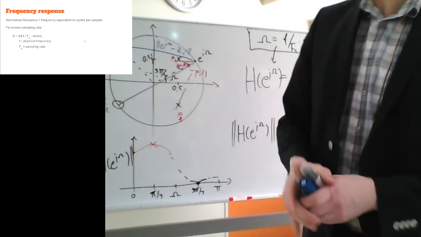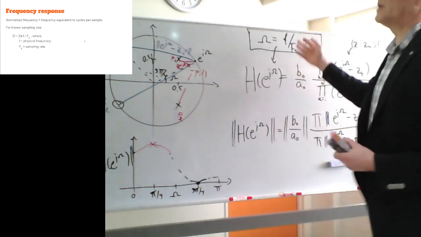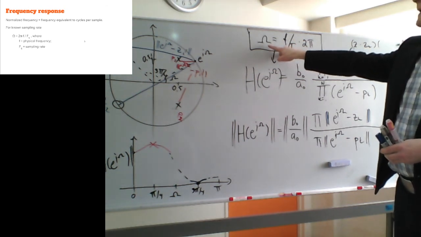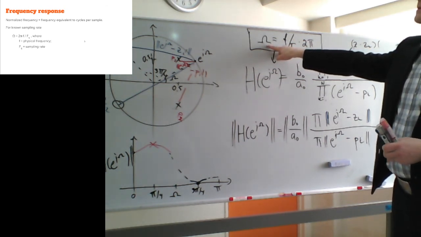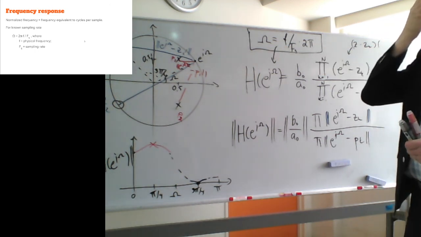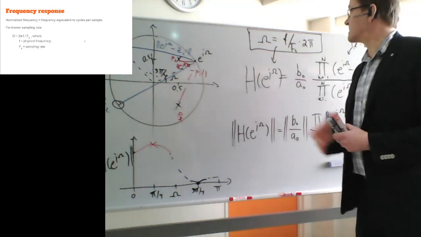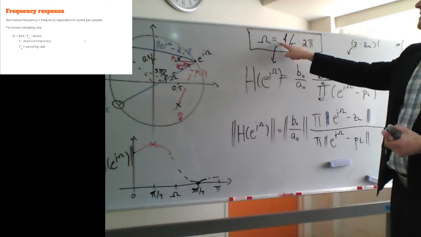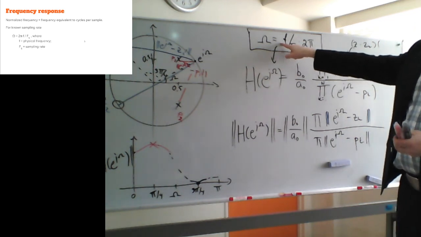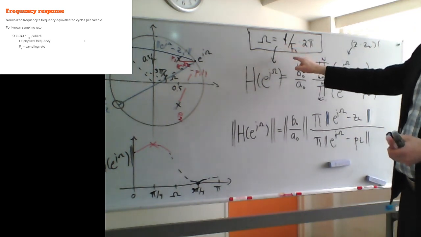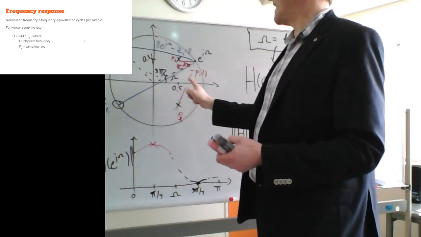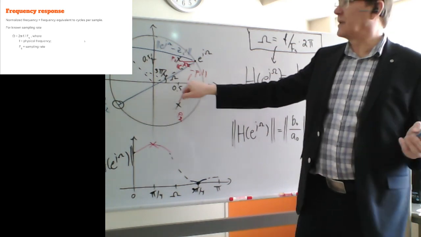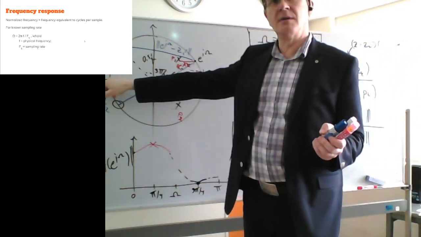Okay, let's see what else I have. So yes, we have this frequency scaling. We have this angular frequency, or basically the normalized angular frequency, what we are calling it, which is simply directly proportional to physical frequency. The highest frequency on this unit circle is the sampling rate, which is basically here. So sampling rate over 2 is here.